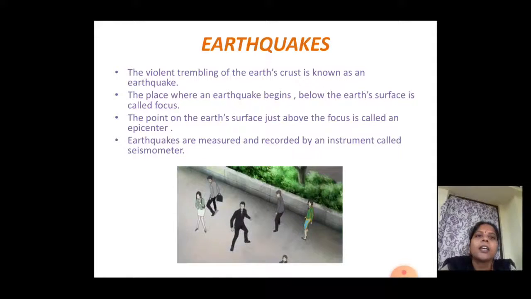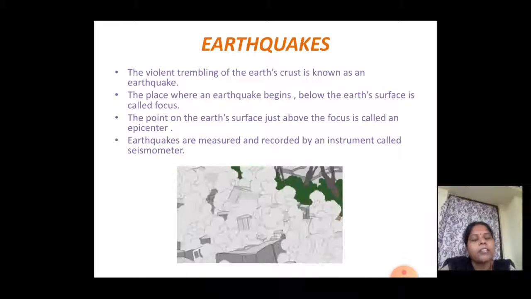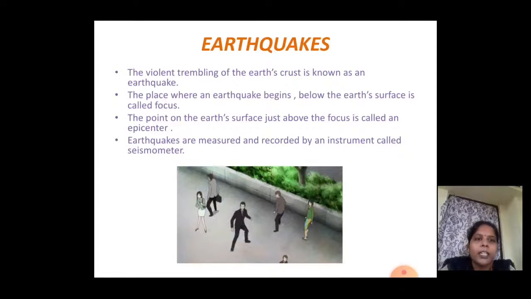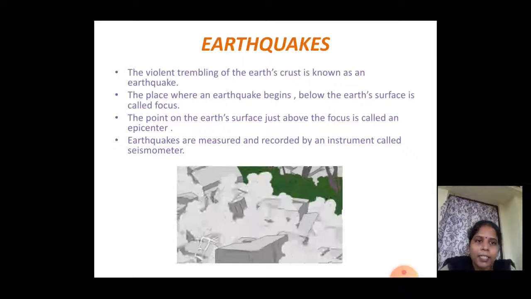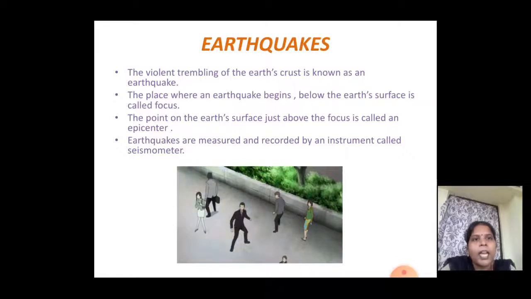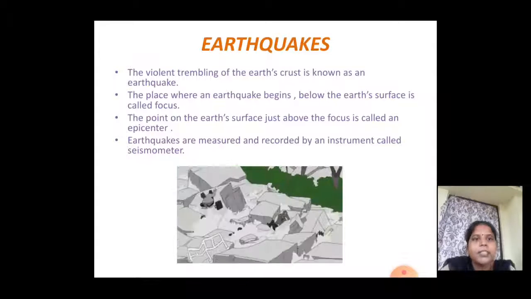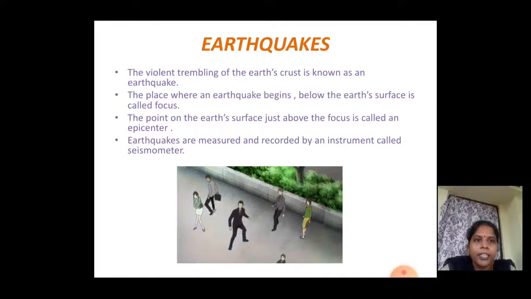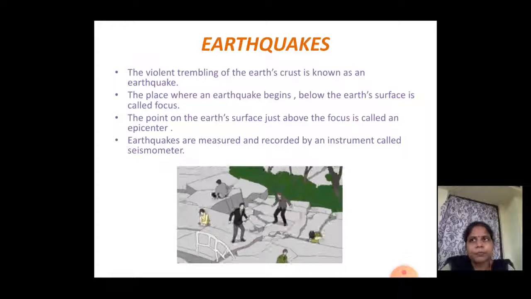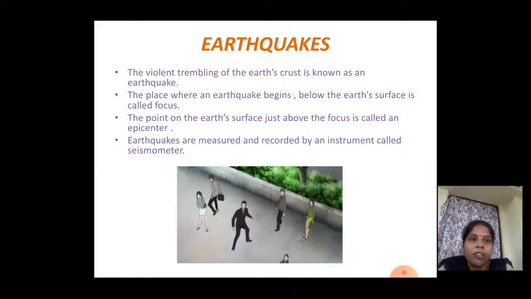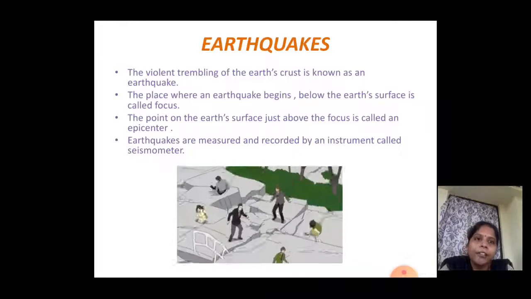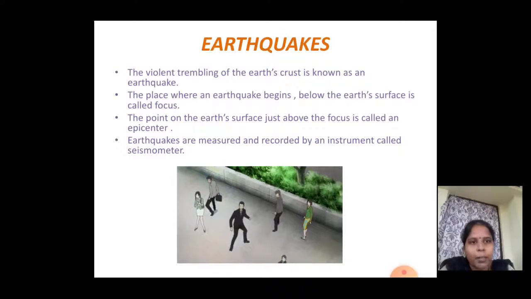The place where an earthquake begins, below the earth's surface, is known as the focus. The place above the surface is known as the epicenter.